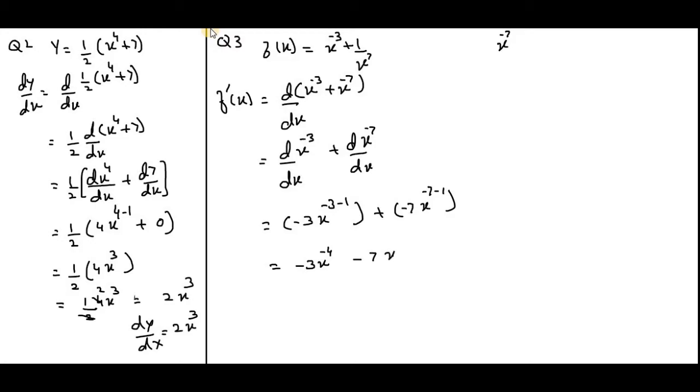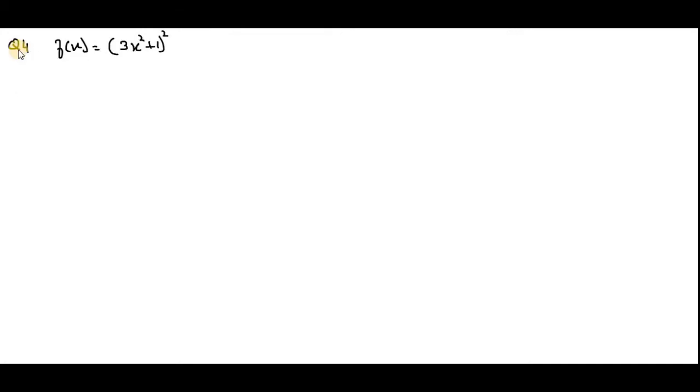Here minus 3 x raised to power minus 4 minus 7 x raised to power minus 8. And finally minus 3 over x raised to power 4 minus 7 divided by x raised to power 8 is the derivative.